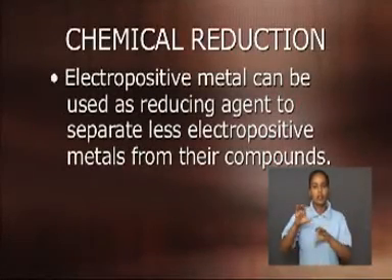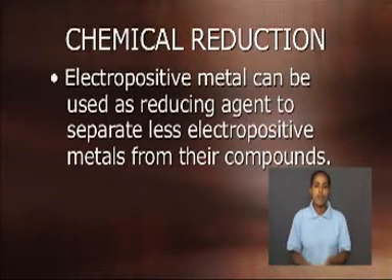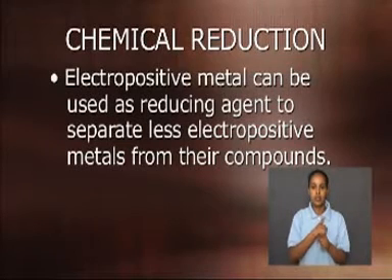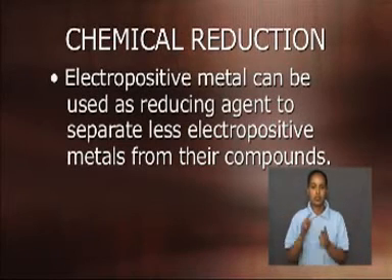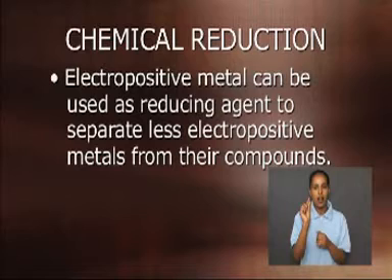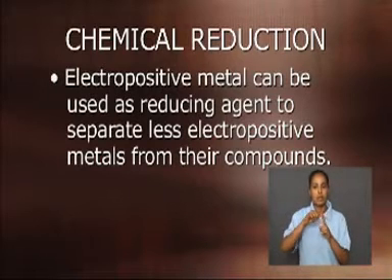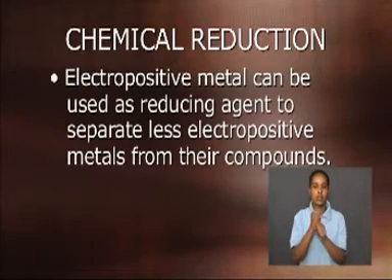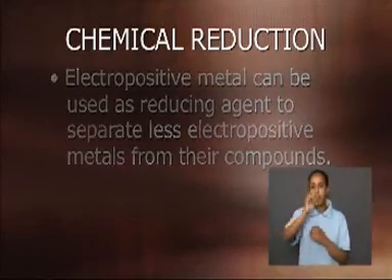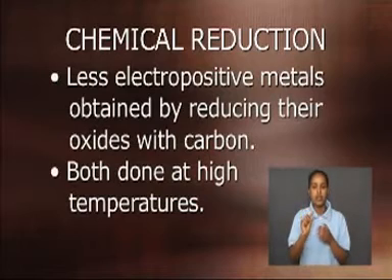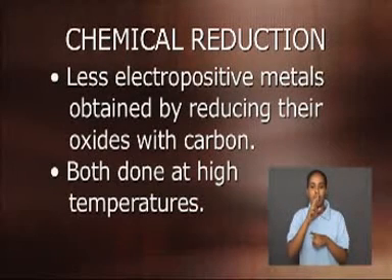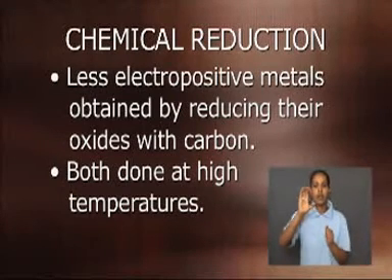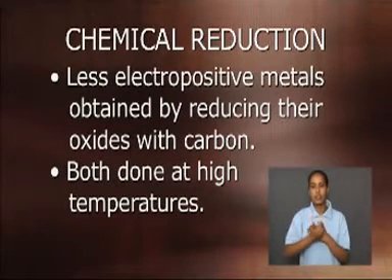During chemical reduction, a more electropositive metal can be used as a reducing agent to separate a less electropositive metal from its compound. This is done at high temperatures. Less electropositive metals are obtained by reducing their oxides with carbon at high temperatures.